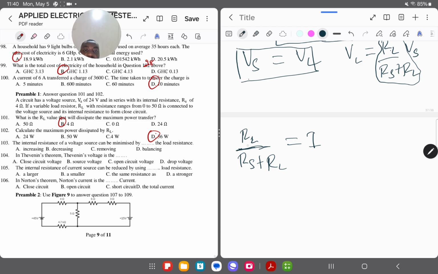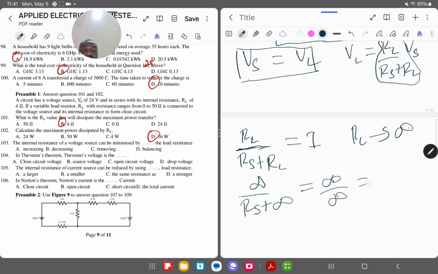So that means that if I want to get 1, I have to make sure that my load resistor is very large, right? Or you can say at infinity. So RL at infinity over Rs plus infinity, this will now be infinity over infinity, so you get 1.